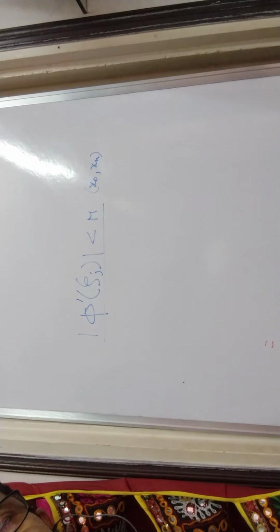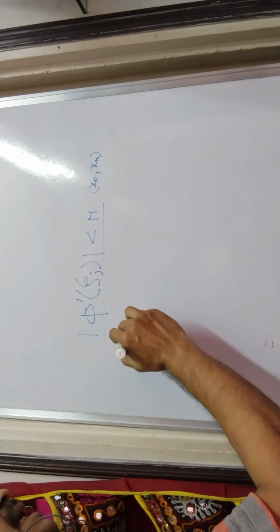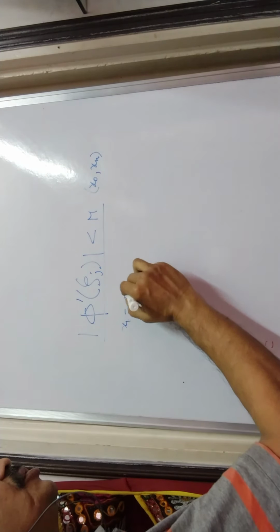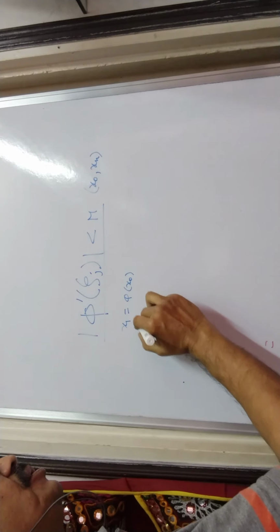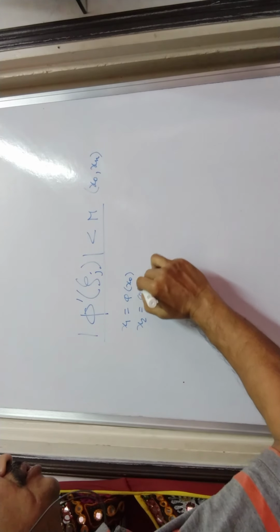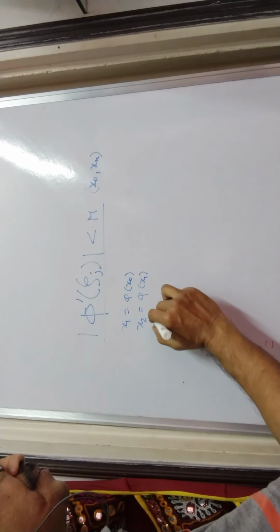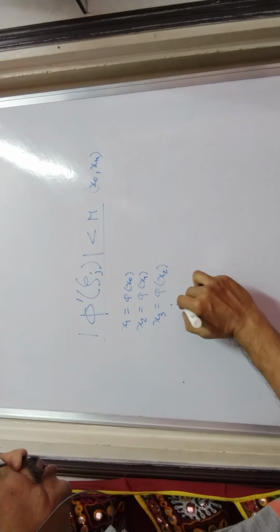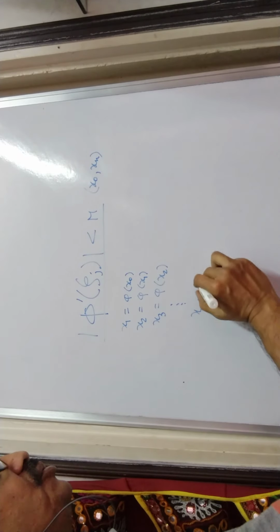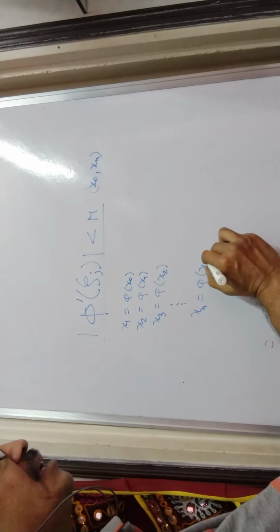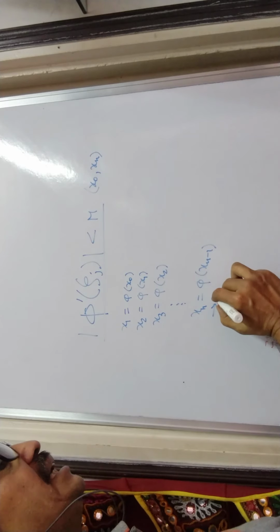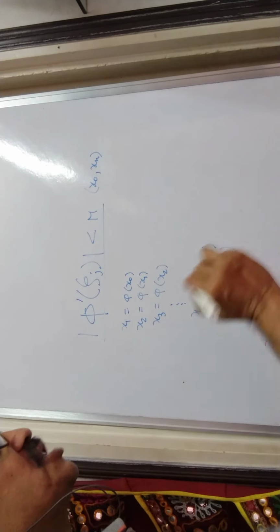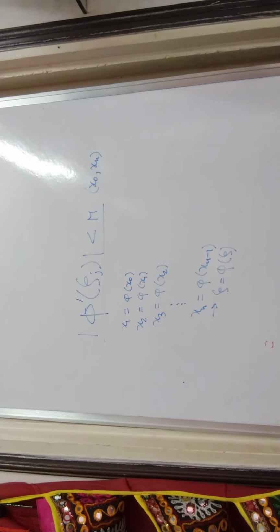Okay, and what we have is that x1 equal to phi x0, x2 equal to phi x1, x3 equal to phi x2, up to xn equal to phi xn minus 1, and at this point the process converges and we have the fixed point, which is the root.